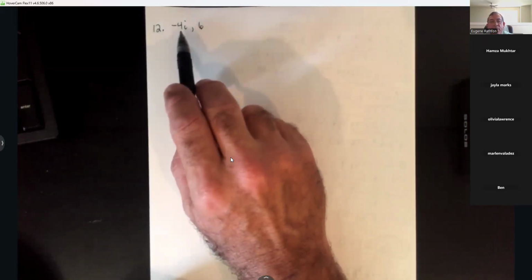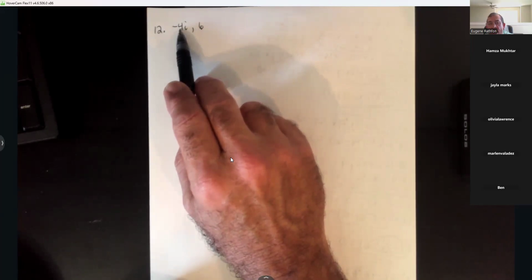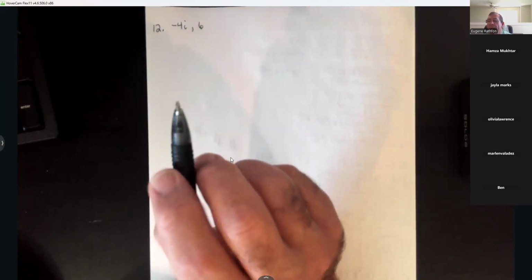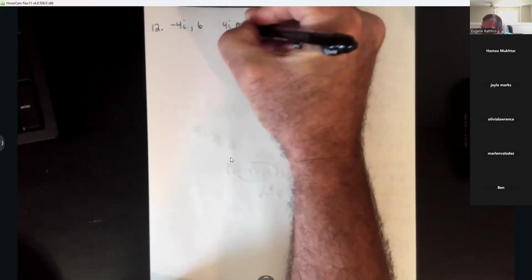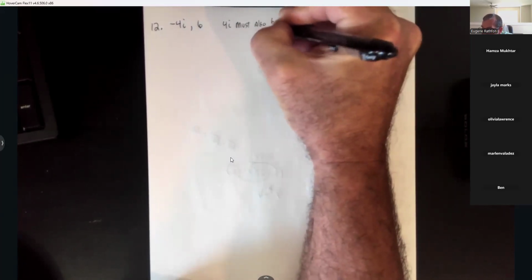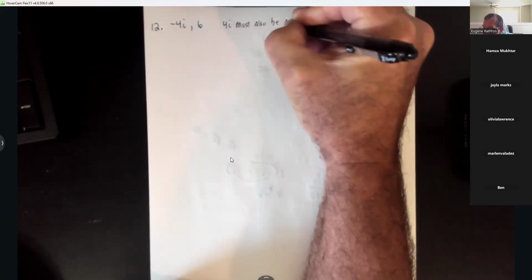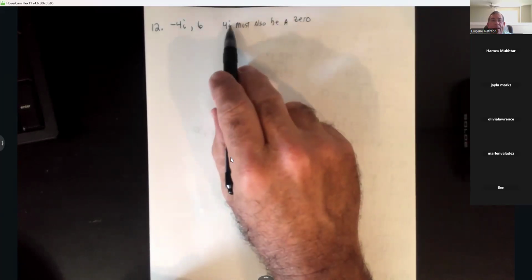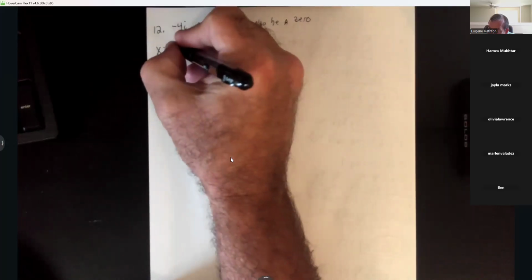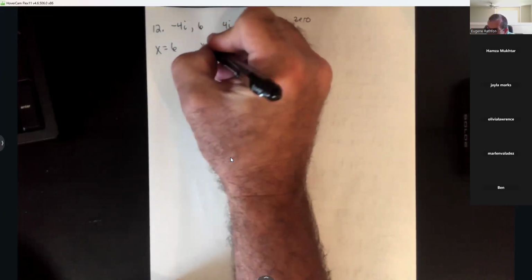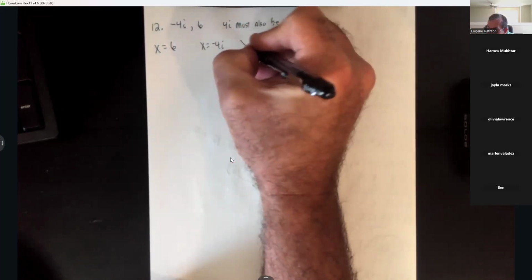Well, that means, based on the last problem, since negative 4i is imaginary, its conjugate must also be a zero. So 4i must also be a zero. That's the first thing you had to realize. Then you had to set these all equal to 0. So start out with x equals 6, x equals negative 4i, x equals positive 4i.